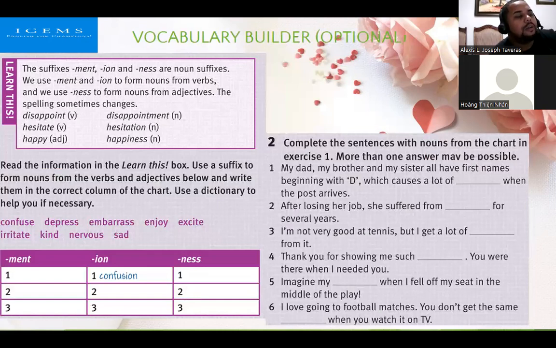Another thing, the suffixes. We didn't cover this part. Here we have a set of suffixes. As you may know, suffixes are parts of words that can be used to complement a word. For example, you have disappoint. You already know what disappoint is, right?